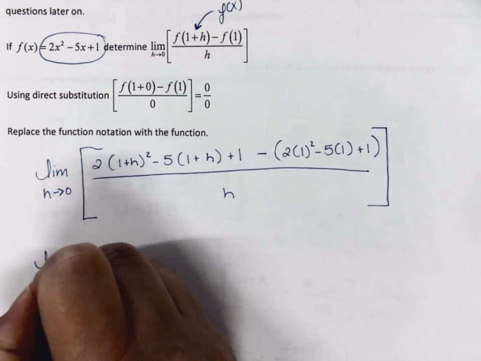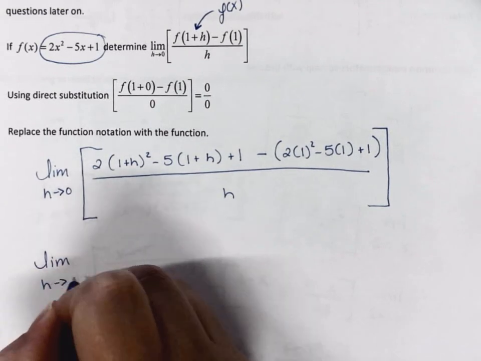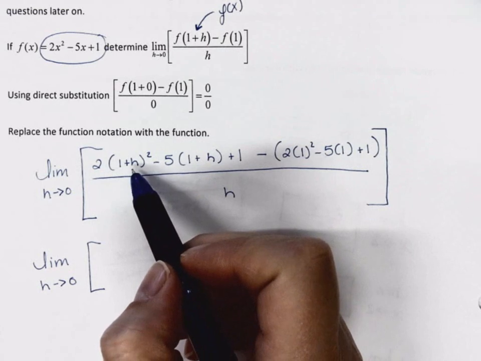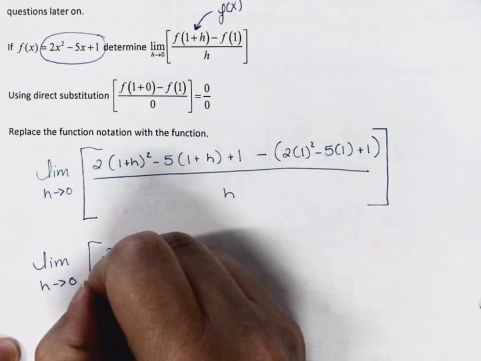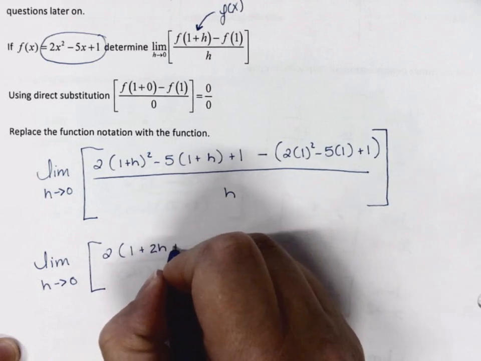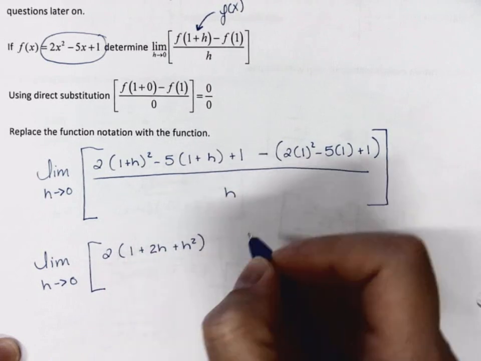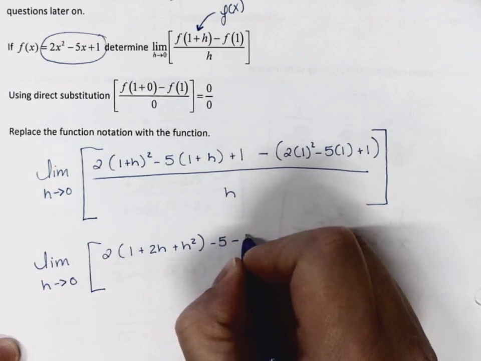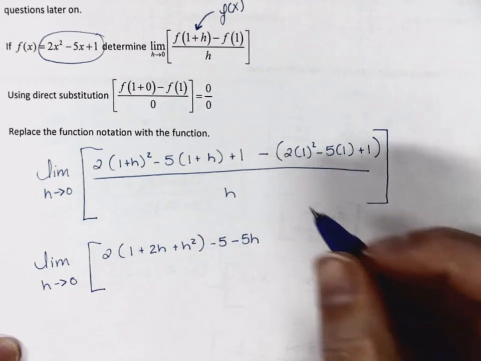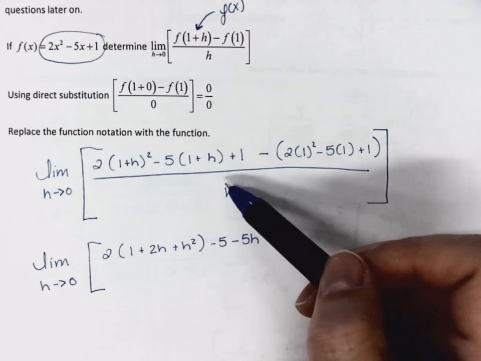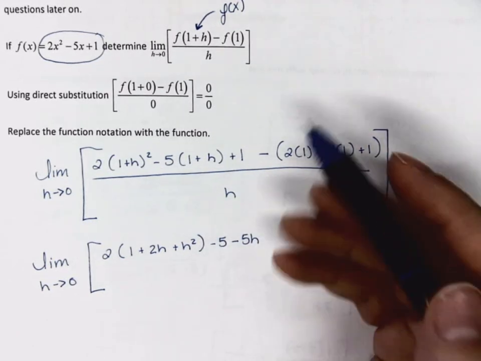Okay, so now let's clean some stuff up. We got to expand this. We got to expand that. So that's going to be 2 times (1 plus 2h plus h squared) minus 5 minus 5h, because that negative is distributed through everything there, right?